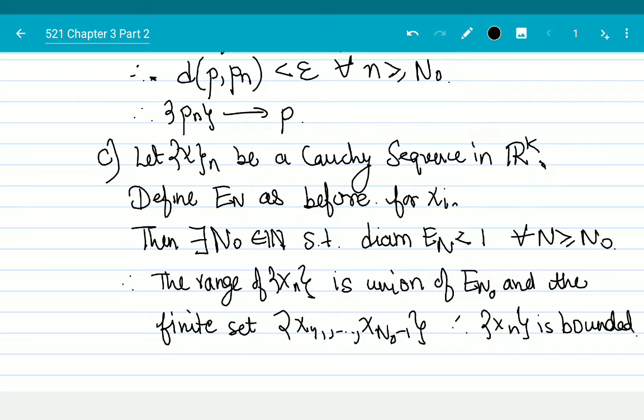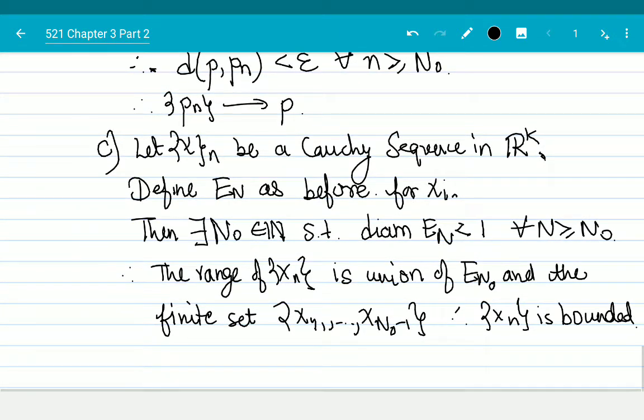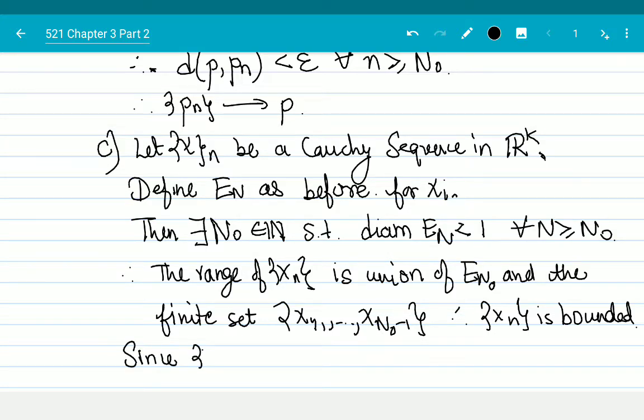If it is bounded, then I can take it as a subset of some compact set. Since xn is bounded, it is a subset of, well, I can just take its closure.